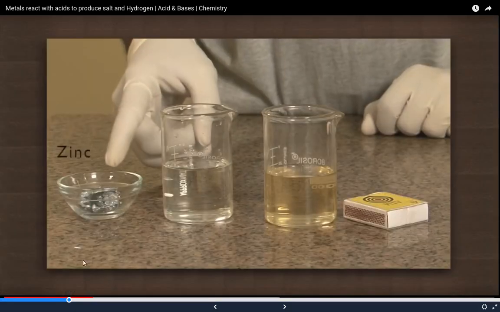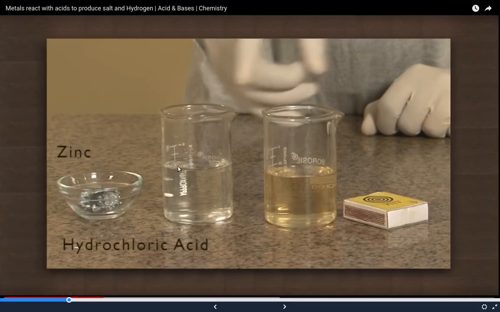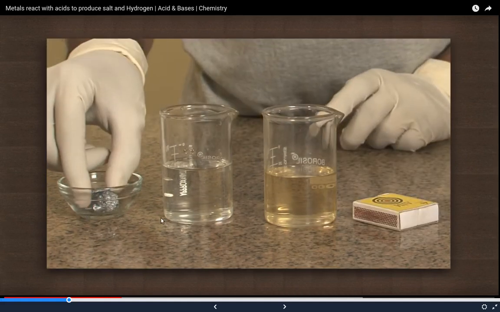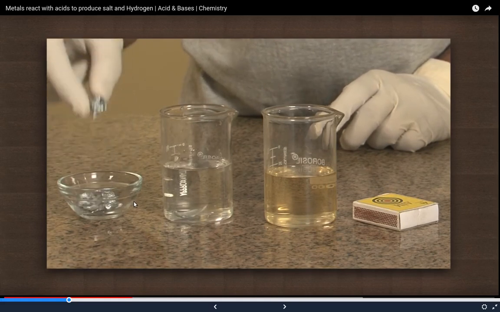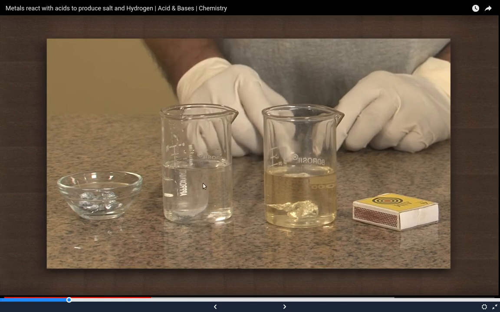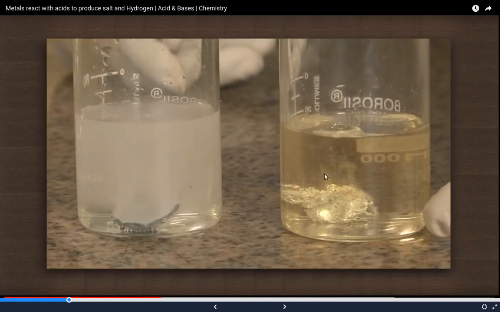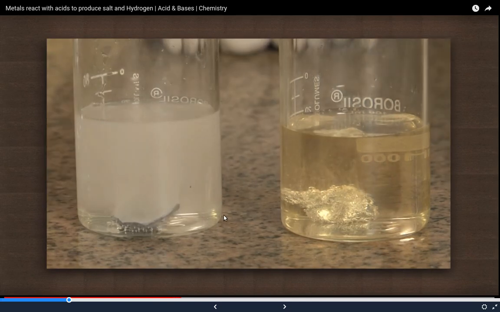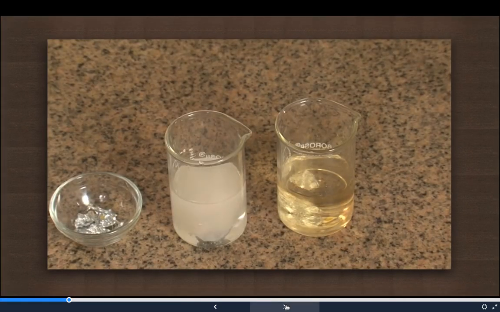And so he has some zinc metal right here, hydrochloric acid and sulfuric acid. And he's going to put the zinc into the two different acids, and we're going to look for bubbles. See the bubbles forming? There's a bunch of bubbles forming. All those bubbles forming are the hydrogen gas that's being produced from that reaction. I'm not going to worry about the rest of that.